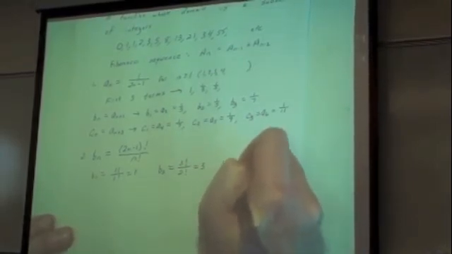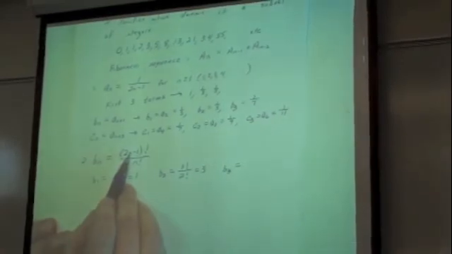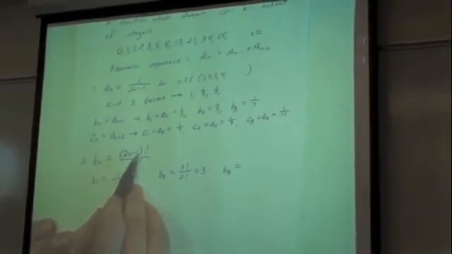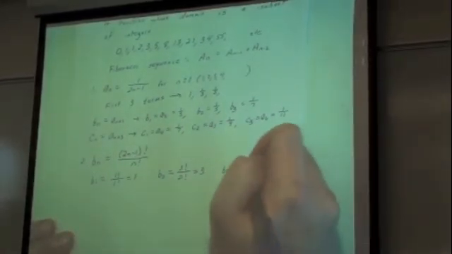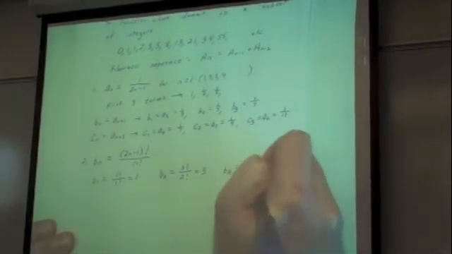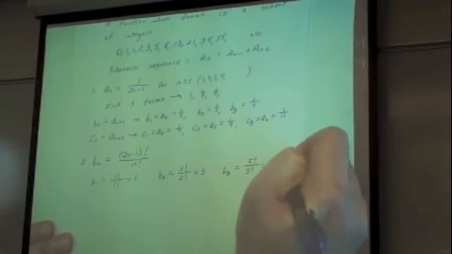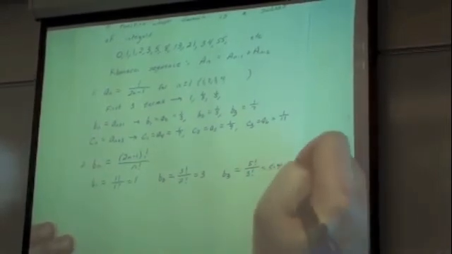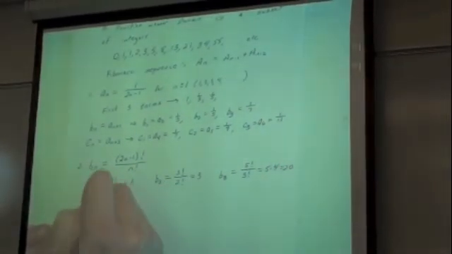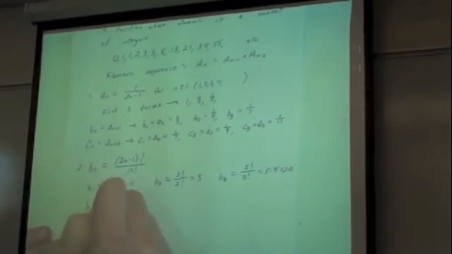b sub 3. 2 times 3 is 6. 6 minus 1 factorial is going to be 5 factorial over 3 factorial, which would equal 5 times 4. 5 times 4, 20. Sorry, b sub 4.